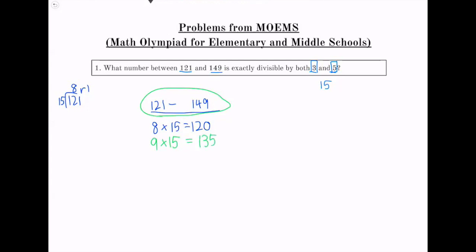And we can check, yes, 135 is in the range between 121 and 149. That means that 135 works. Any questions on this problem?